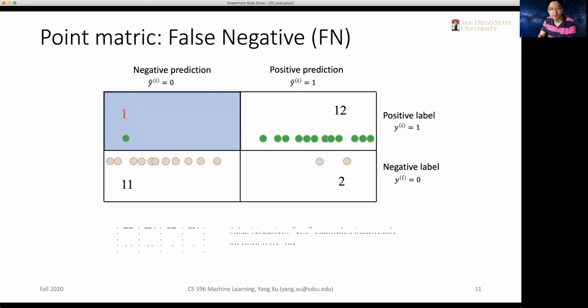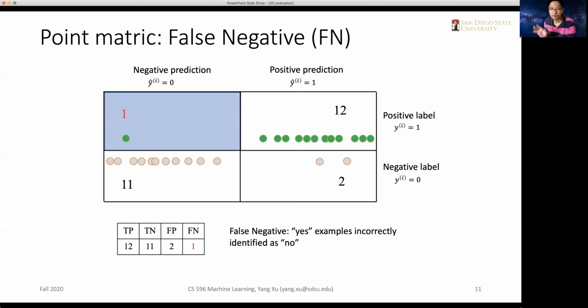It is the yes examples that are ignored or incorrectly identified as no. So that's the naming. We simply give names to the 4 sections, and there are meanings behind those names, which we will use in the next few slides to define a couple of more advanced metrics. These TP, TN, FP, FN are the basis for computing the next step.